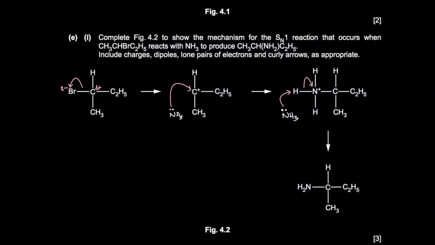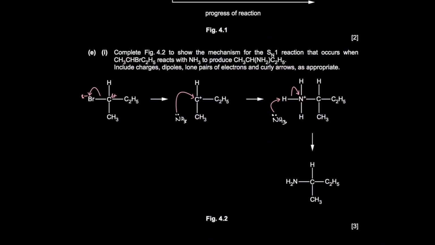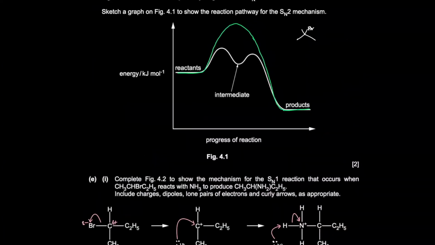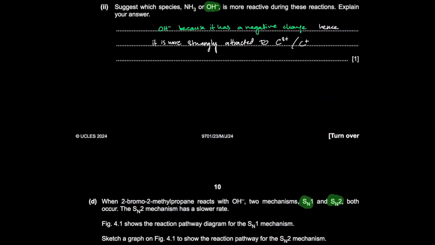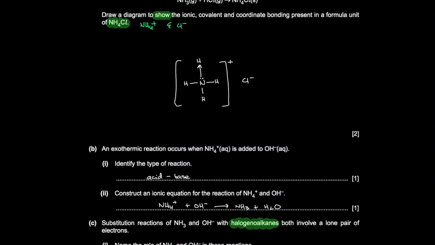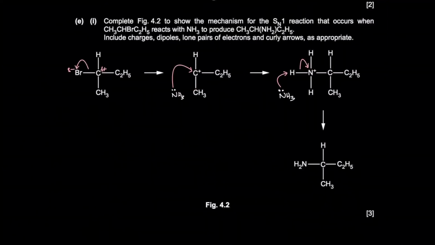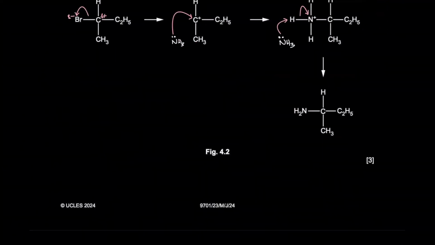Sometimes you'll also see HBr written as the product, but the final product is ammonium, because H and NH3 give you ammonium, and then you also have Br minus. That's ammonium bromide. In this particular question, they expect you to say this because they've also given this earlier on. They said that you get ammonium with the HBr. So they expect you to figure that out from the context in the question anyway. But yes, that's the proper mechanism.